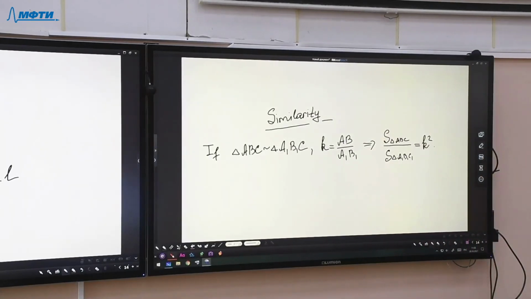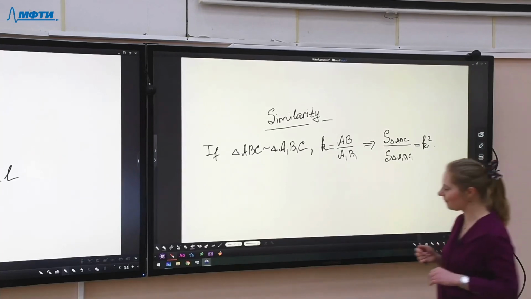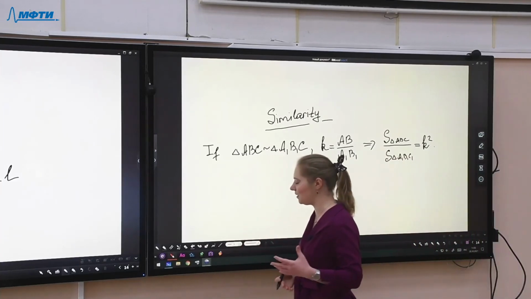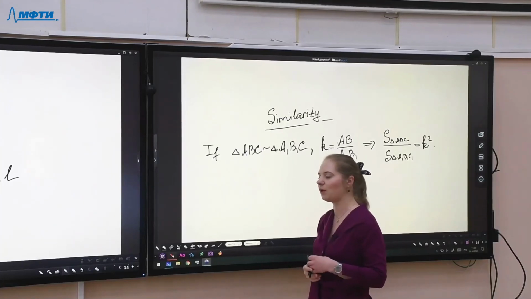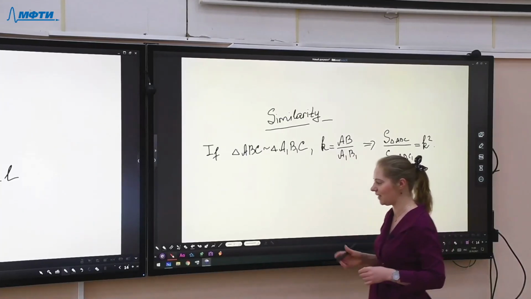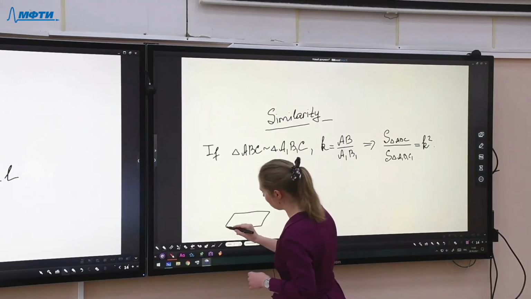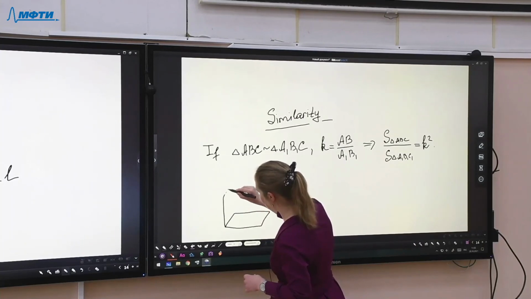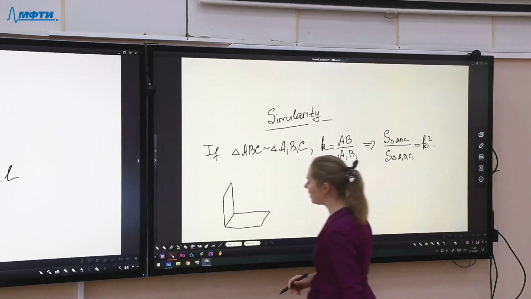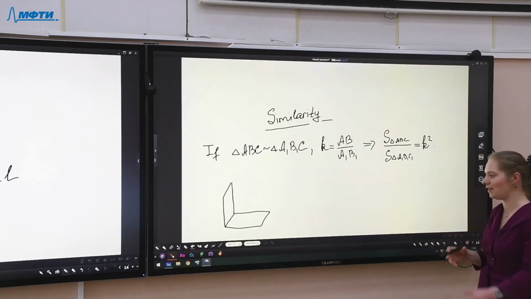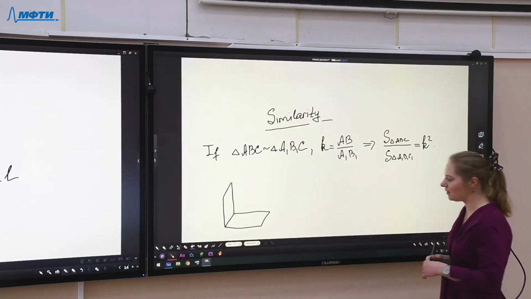Okay, this is about areas, and also about so-called dihedral angles. We can meet with them when we consider two intersecting planes. The first plane is here. The second is here. We know that if two planes intersect, the intersection is a line, and this is an angle.